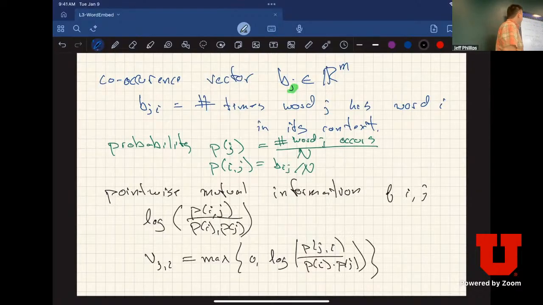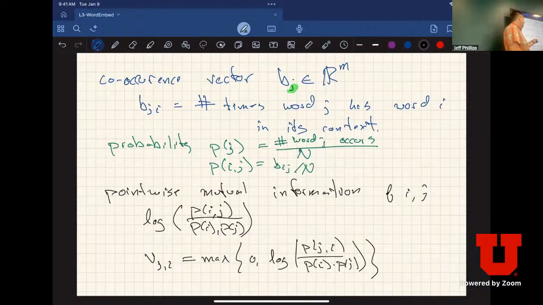Okay, so if I see it less likely than I would expect, then this ratio is less than 1 and the log term would become negative. I round that up to 0. What this does is that if it's unlikely to be seen together, there's no positive correlation, I mark it as 0 and the vector becomes very sparse. So this representation is mostly zeros. Most stuff I see about as much as I would expect or less likely than random. The ones that I do tend to see together get a positive score.